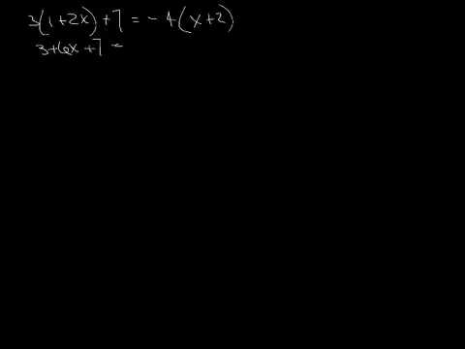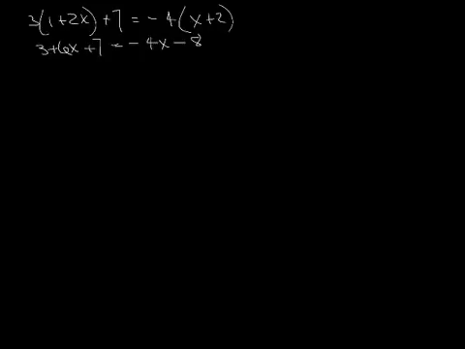We have 3 times (1 plus 2x) plus 7. Boy, this is going to get a little complex. All right, so first of all, we're going to distribute: 3 plus 6x, and then our parentheses can come off. Distribute this. Negative 4 times 2 is negative 8.